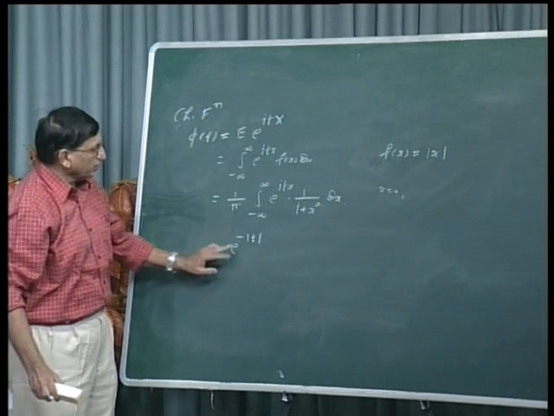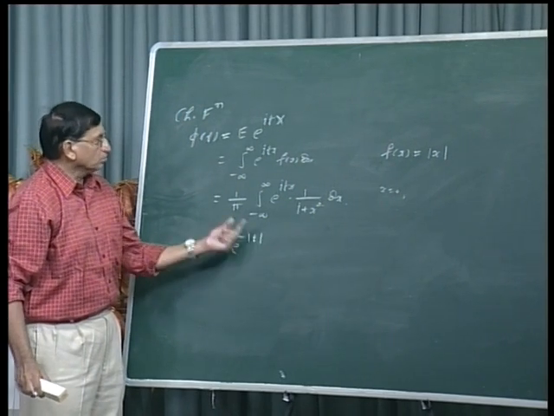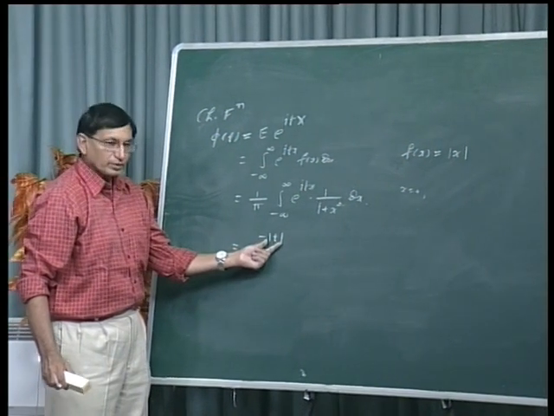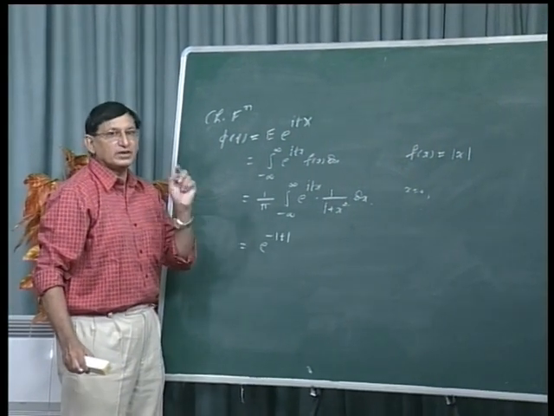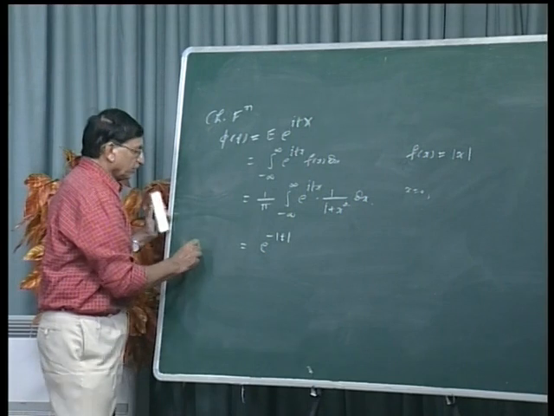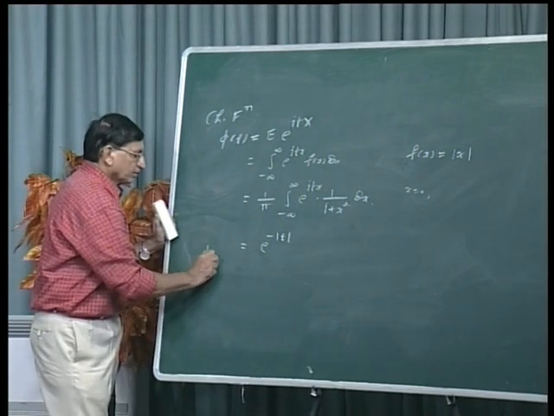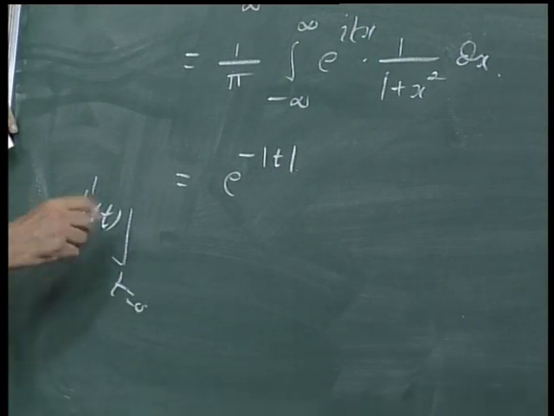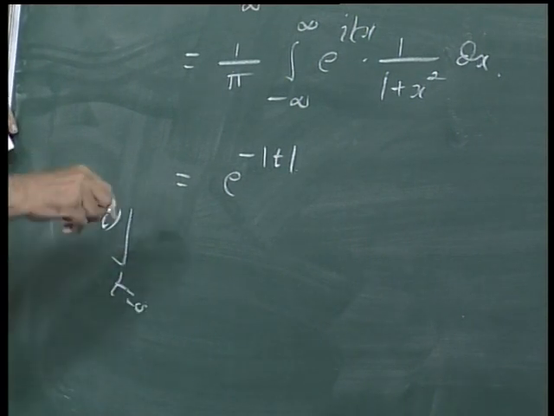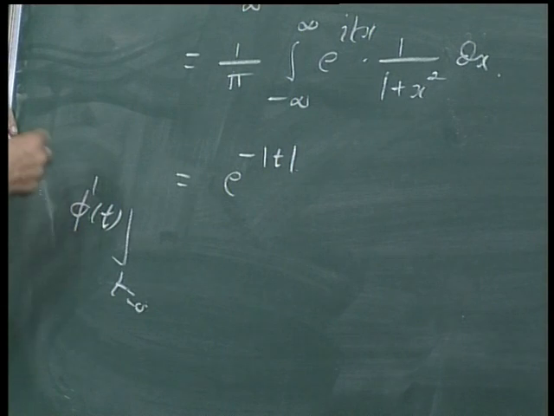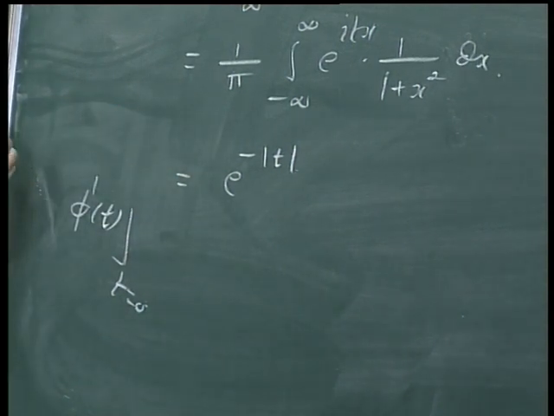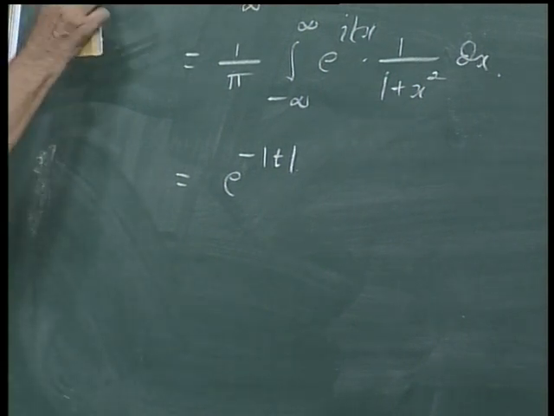So here it is the same case, it is mod t. So e raised to minus mod t is not differentiable at t is equal to 0. Generally when we differentiate this and put t is equal to 0, then this value multiplied by 1 upon i will give you first moment, the mean. But since derivative at t is equal to 0 does not exist, we say that mean of this distribution does not exist.